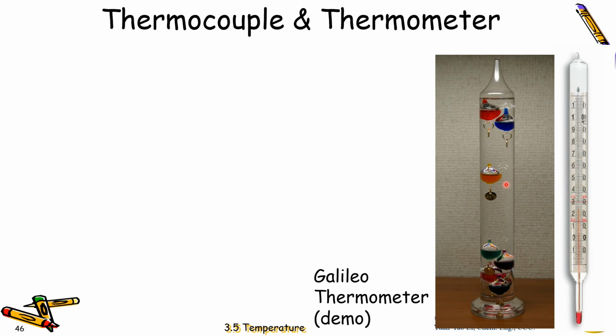You have different types of liquid with different densities, so you can get the temperature here. You read the temperature where it balances. It's 22.